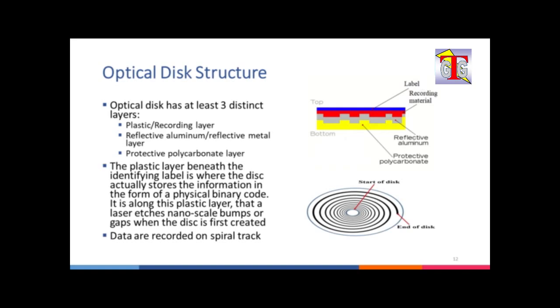A thin layer of aluminum is coated on the substrate below the recording material. The optical discs are circular in shape. Data is recorded on a spiral track, as shown in the figure below. The disk drive uses a servo to control the position of the optical drive automatically.